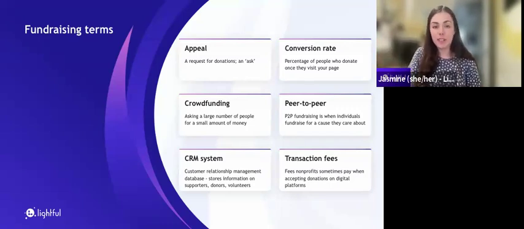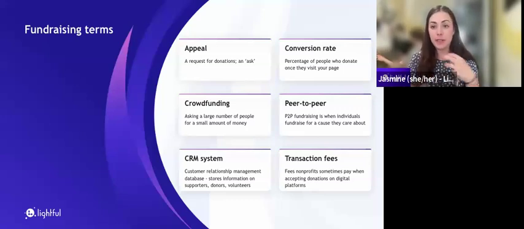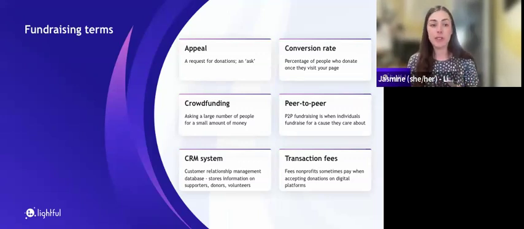Crowdfunding is when you ask a large number of people for a small amount of money. This is really effective for community fundraising using tools like Just Giving or GoFundMe, and it's quite similar to peer-to-peer fundraising. Peer-to-peer fundraising is when individuals fundraise themselves for a cause they care about. Some of you might have had individuals run a marathon, do a sponsored swim or something like that for your organisation.